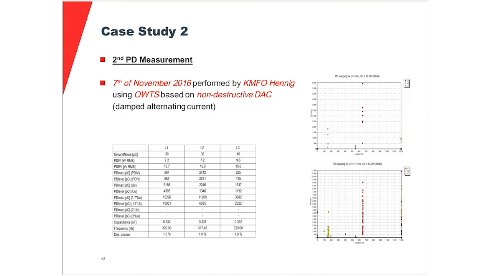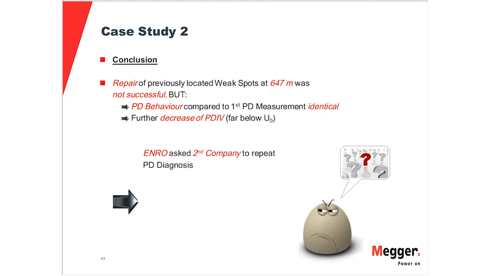However, at 650 meter we still see an issue. So the indication was that despite the joint at 647 meter having been replaced, it is still not good. We still see much too much partial discharge for a new joint.